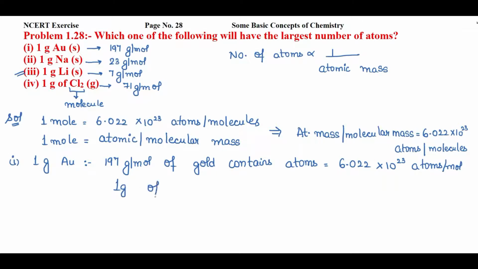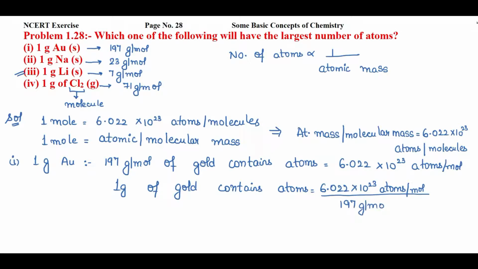So 1 gram of gold contains atoms equal to, by the unitary method, definitely this value will be in the numerator, that means 6.022 into 10 raised to power 23 atoms per mole divided by the first value on the left side, 197 gram per mole, into the second value on the left side, gram. So gram will cancel with this gram, and mole inverse with this mole.